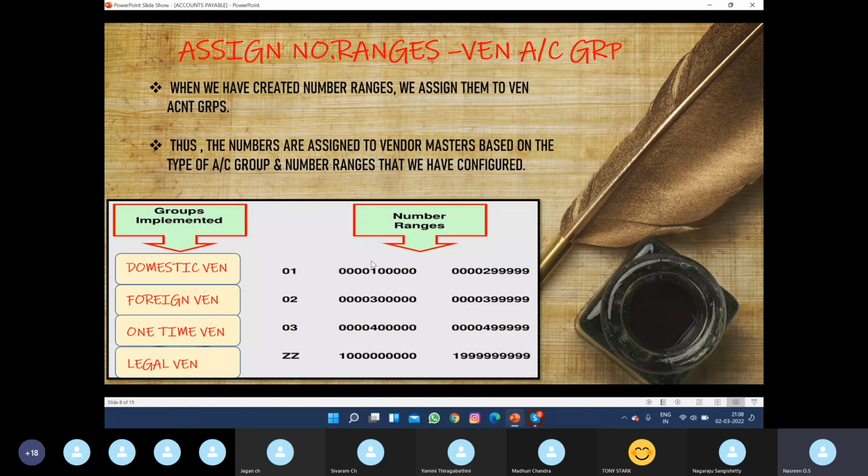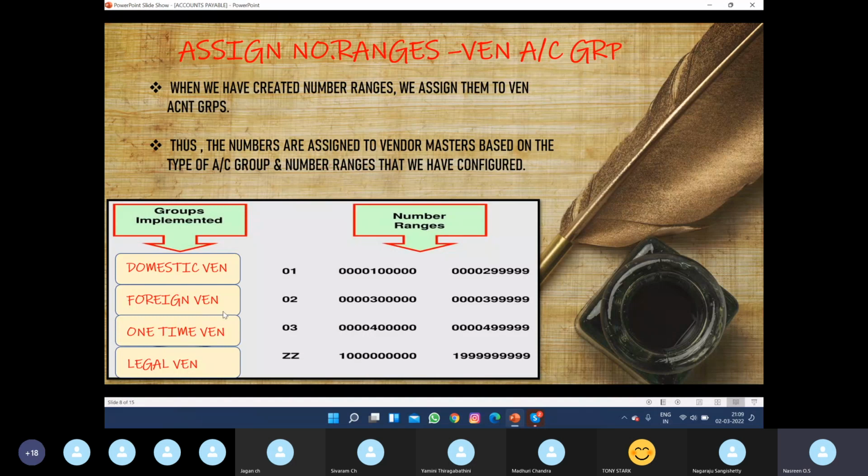Here, when we create, let's say for example A, the vendor named A. A is a domestic vendor. Then A is given a number based on the range created for this domestic vendor, that is 1 lakh to 2 lakh 99. So 1 lakh being the starting number, A will be assigned with 1 lakh.